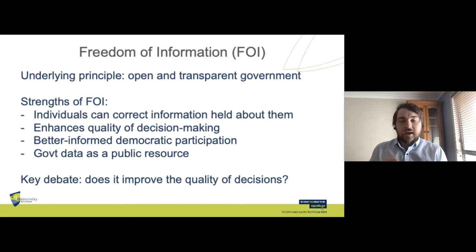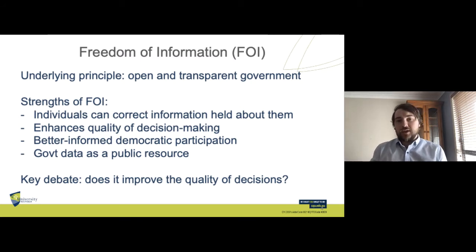Lastly, there's an emerging thought that the information that the government collects using public funds should be a publicly available resource. And so, when we're using taxpayers' money, for example, to commission a report, to undergo some kind of scientific investigation, then that information should be available to the public as a whole to do further research on, to scrutinise all kinds of things.